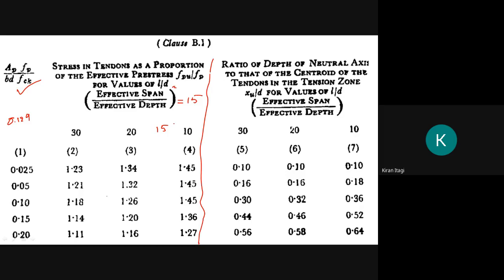First, what you do? See here, 0.129. First, you find the values for 20 and 10, correct?